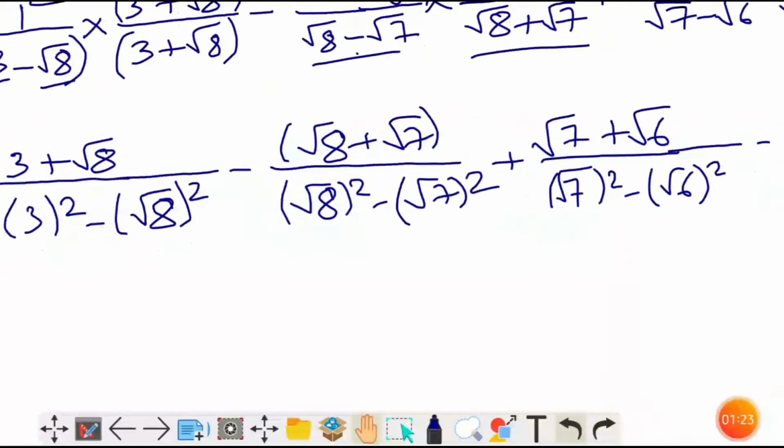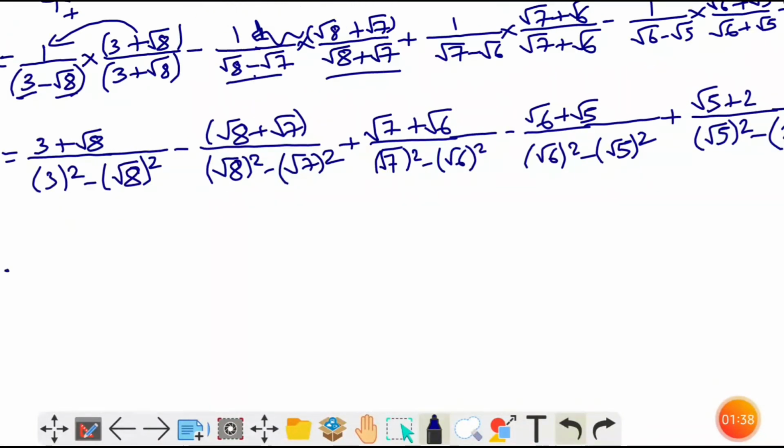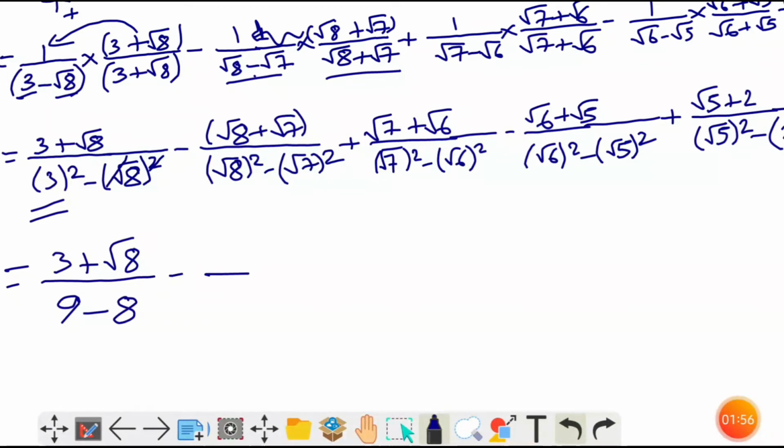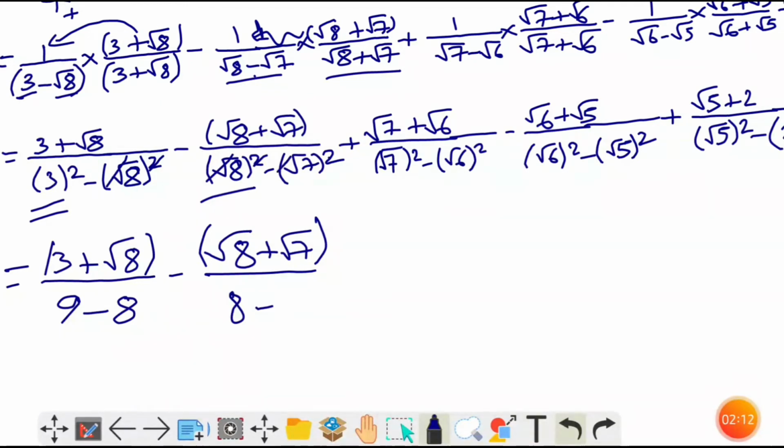Let's go to the next step. In the next step we have in the numerator 3 plus root 8, and in the denominator we have 3 square, that is 9, minus square of root 8, that is square will cancel the root and we'll have 8, minus root 8 plus root 7, and in the denominator square will cancel the root and we'll have 8 minus 7.